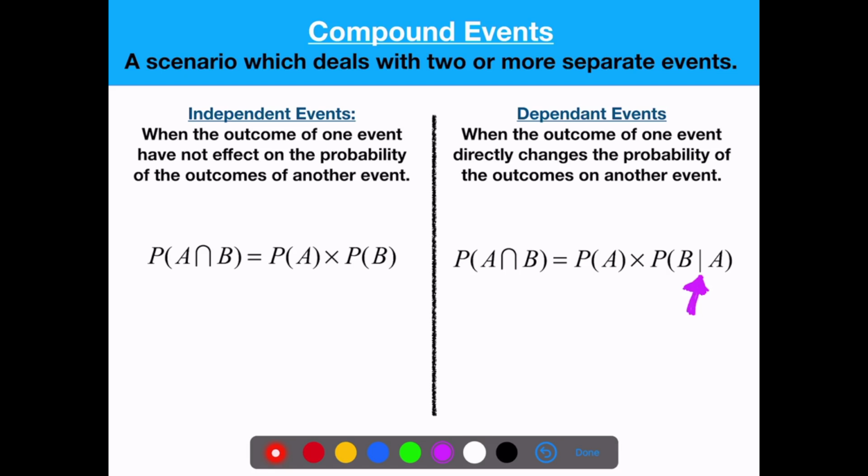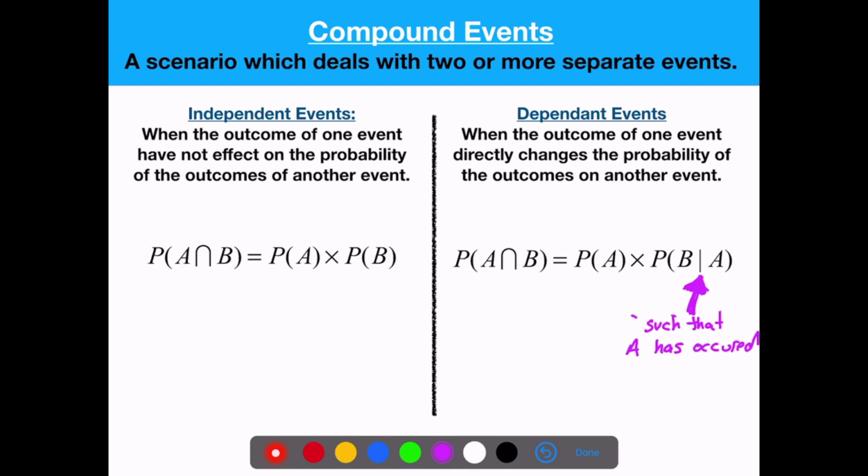Okay, well, if we think back to function notation for domain and range and things like that, you may have seen the vertical line meaning such that, like such that x is an element of R, or such that x has to be greater than 5, or whatever. In this case, it means such that A has occurred.